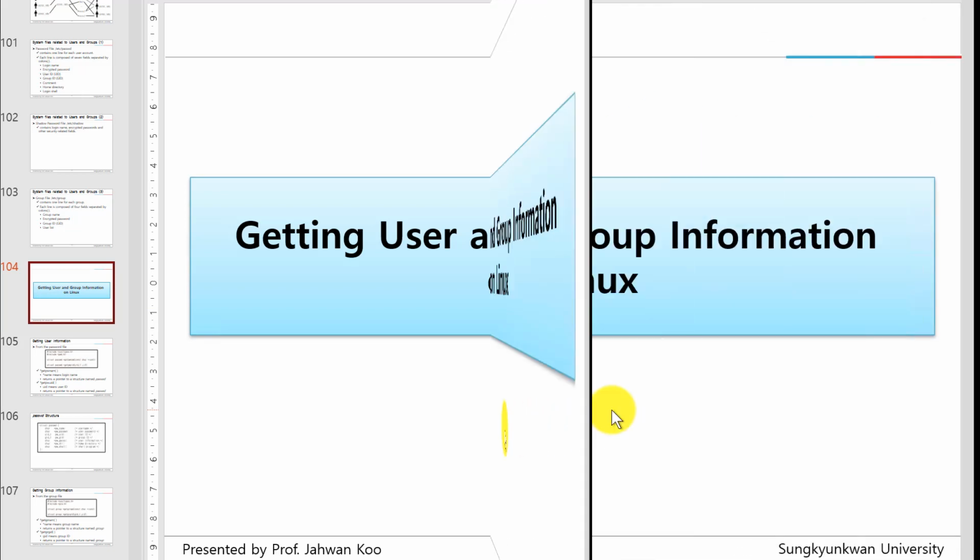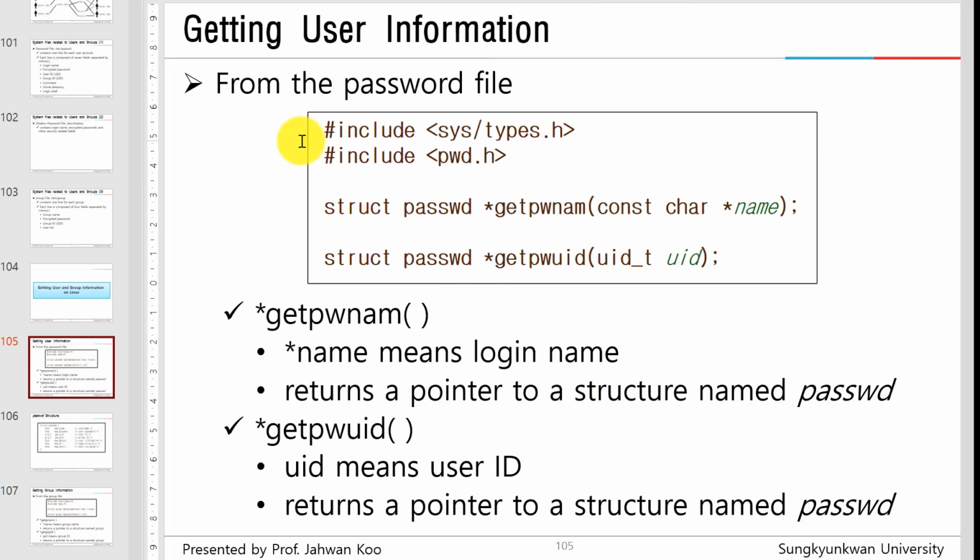First one, getpwnam and getpwuid functions that can get the information about users from the password system file. Let's see the getpwnam library function. This function has just one argument, named name, and returns a pointer to a structure named passwd.